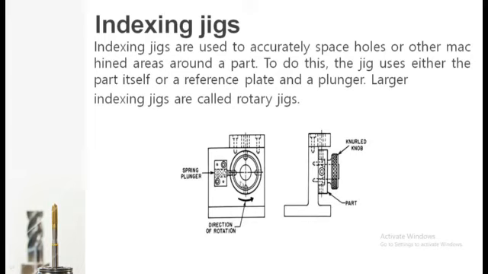When the workpiece rotates again, it will come into line with the previously drilled holes. That is, this hole will come to this part after indexing. This is the direction of rotation. So it will rotate and stop at 90 degrees. The drilling operation will be carried out from the upward side, and after completing the operation, the knurled knob can be removed and thus one can unclamp the workpiece.